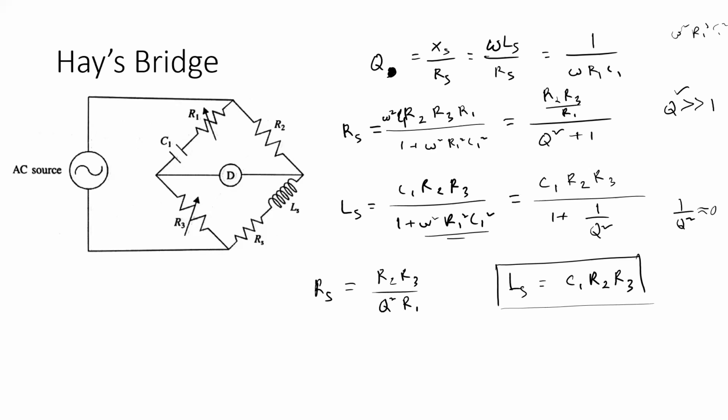So while we are dealing with an inductor of high quality factor, the inductance can be measured using the same equation determined in case of the Maxwell bridge. So irrespective of the signal frequency, even if it is not known, for a high quality factor inductor the value of Ls can be determined in terms of these known values of C1, R2 and R3.